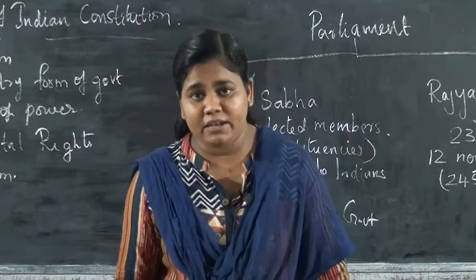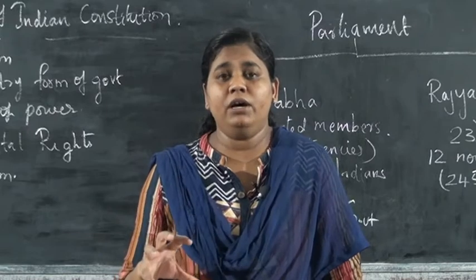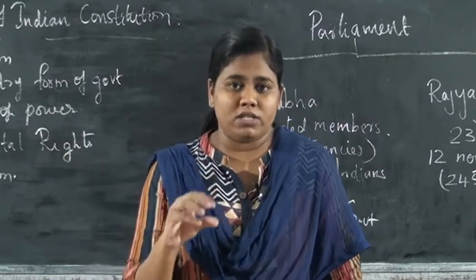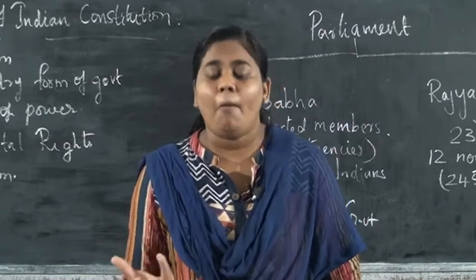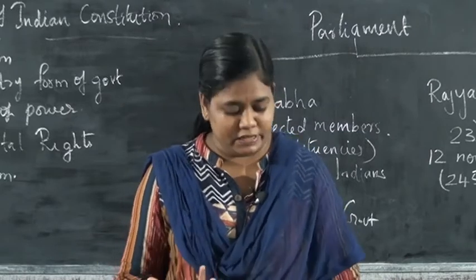After independence, in the constitution the state was divided into numerous constituencies, and members were elected from these constituencies to the parliament. So we can study what people and their representatives means.